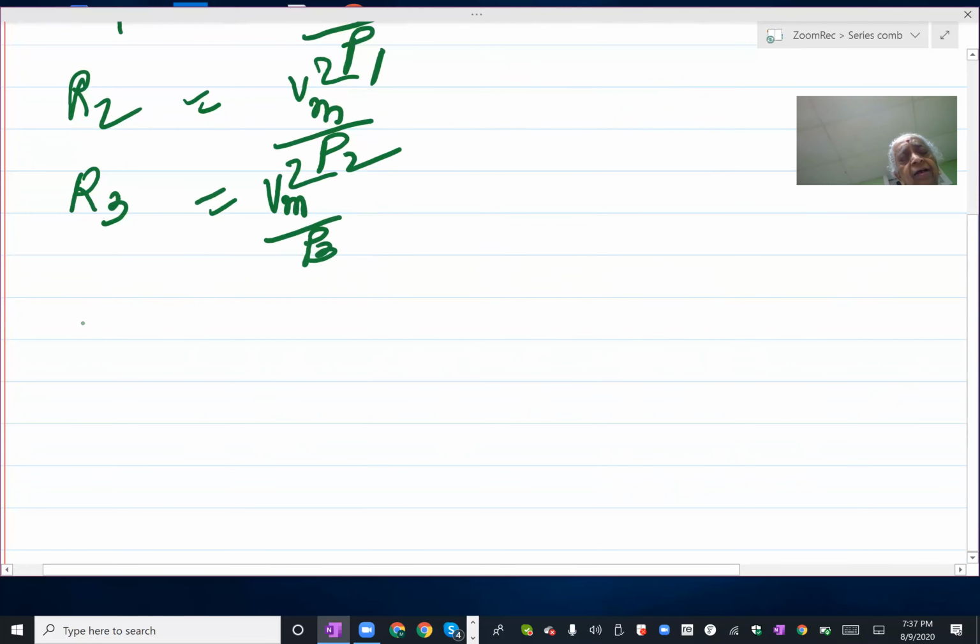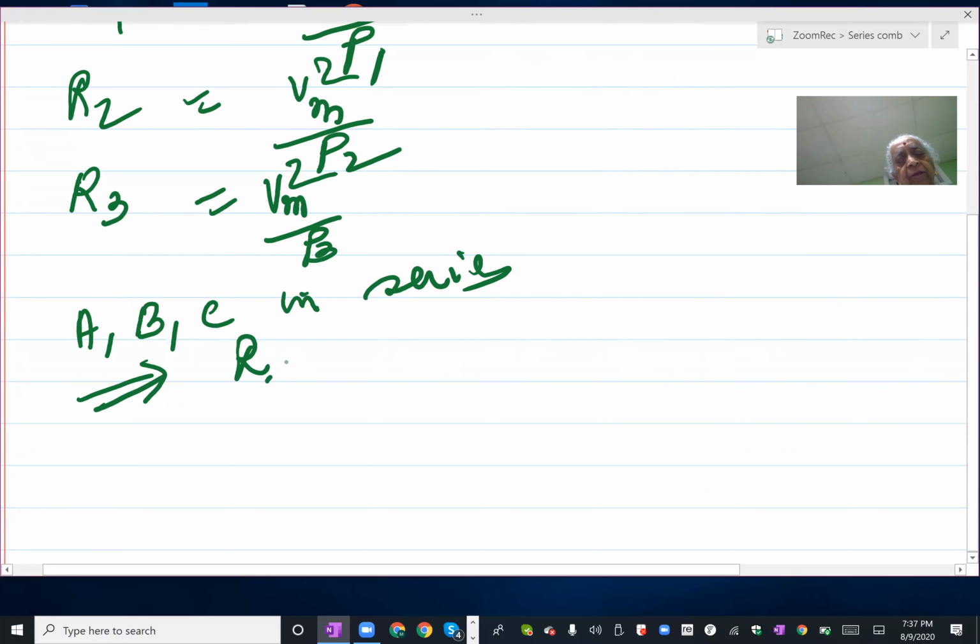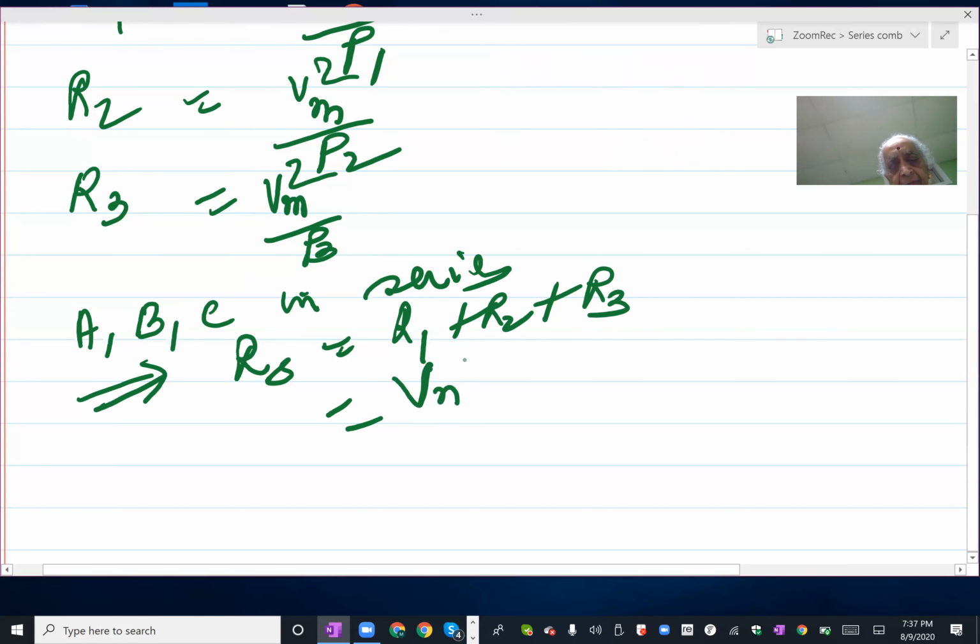Now the A, B, C being in series implies the resistance of the series combination is equal to R1 plus R2 plus R3. That will be equal to Vm squared by P1 plus Vm squared by P2 plus Vm squared by P3.